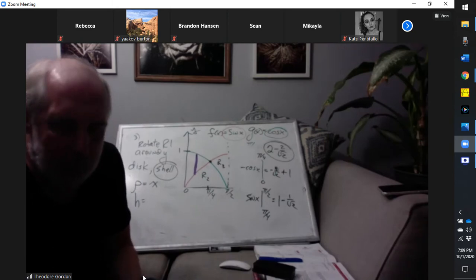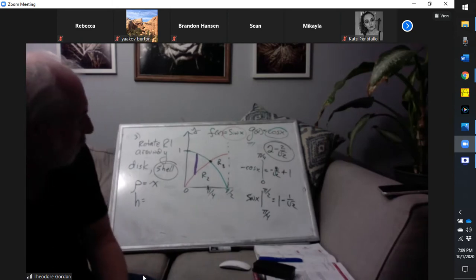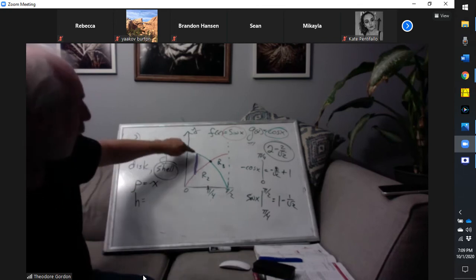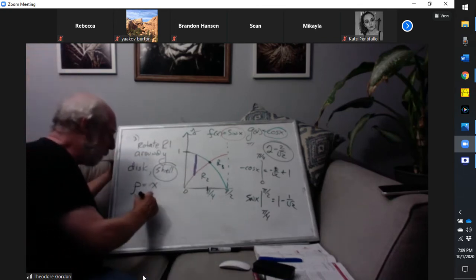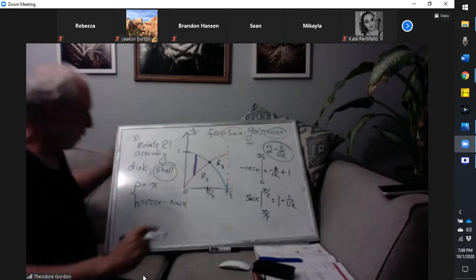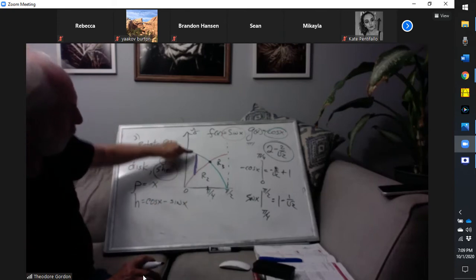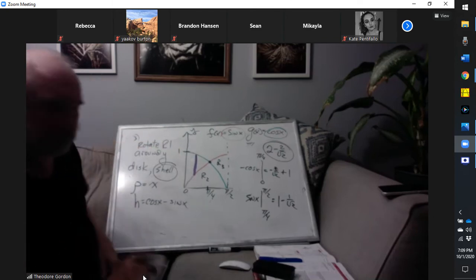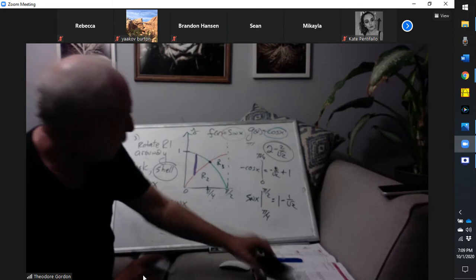What's the height of that rectangle? Cosine minus sine. Well, top minus bottom, right. So the height will be cosine x minus sine of x. Top minus the distance to the top minus the distance to the bottom. Right.